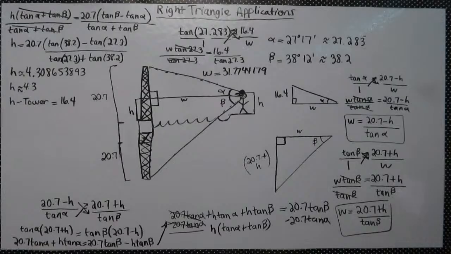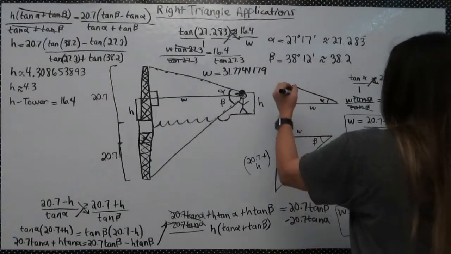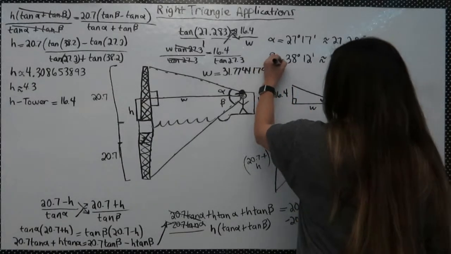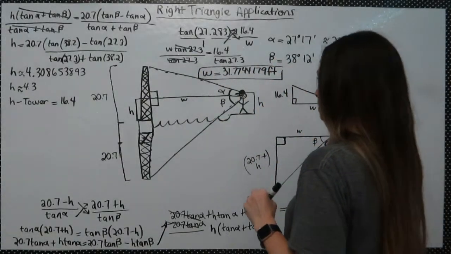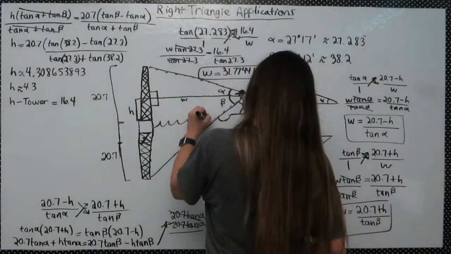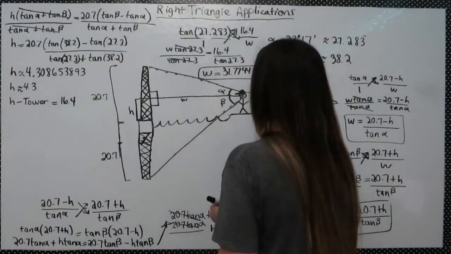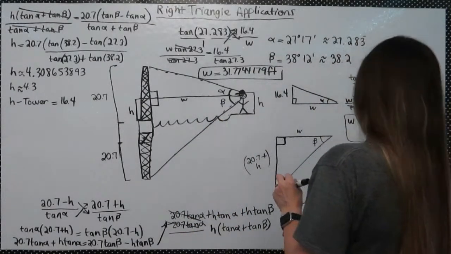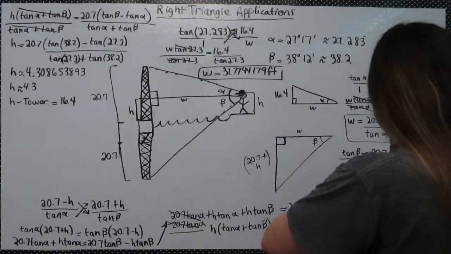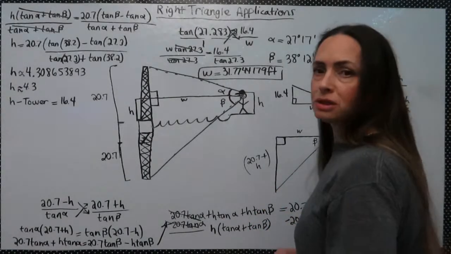And this is feet. So there's the length, or the width rather, of your river, your creek that you're in. And that's if angles are known. So, all right, that is pretty much the solution.